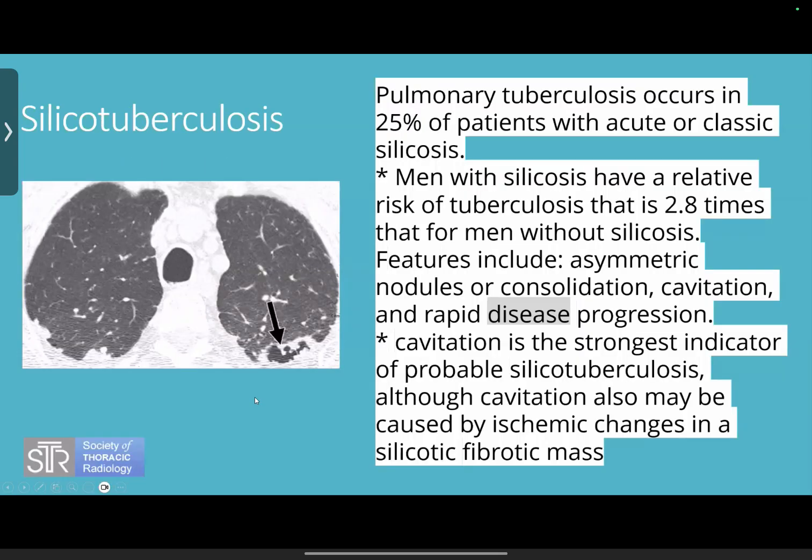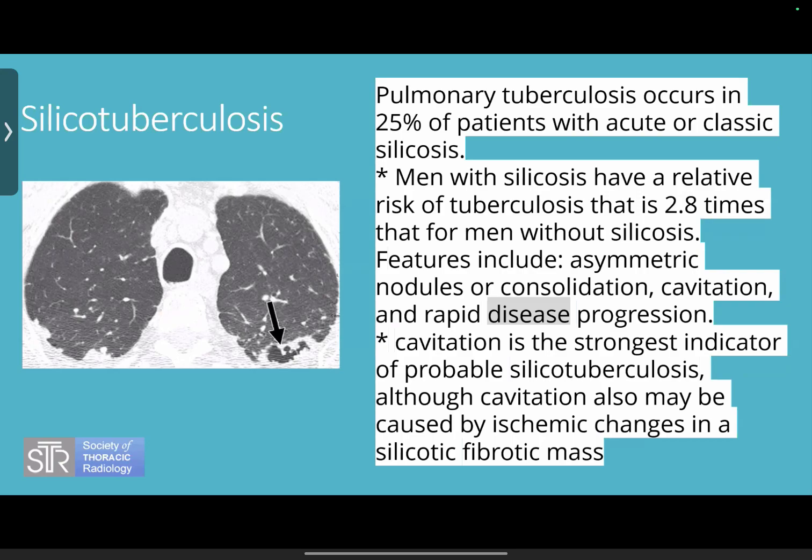Now, sometimes you also have infections, tuberculosis, and this occurs in patients with silicosis. They get infected with tuberculosis, and now you have one infectious disease over the fibrotic disease of the lungs. This type of disease occurs 2.8 times more for men with silicosis than without silicosis.